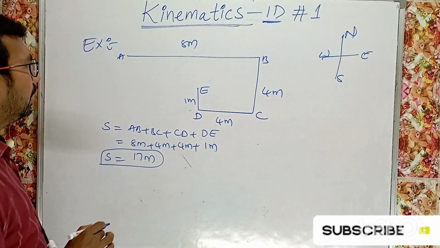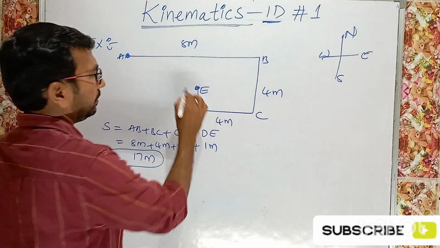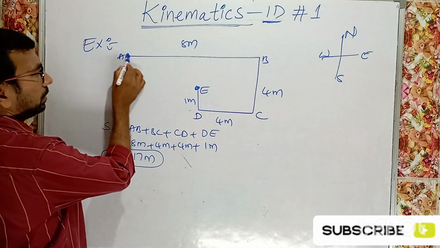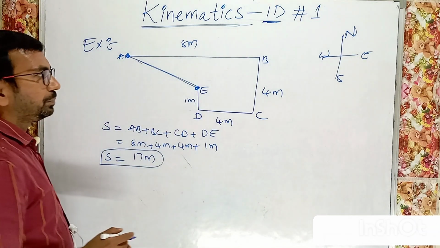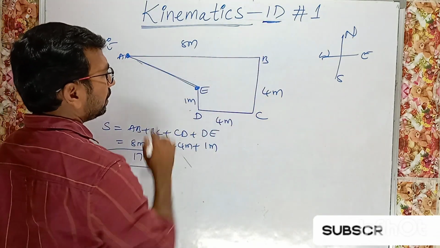What about displacement? This is the initial point, this one is the final point. So displacement means shortest path, A to E. So A to B is 8 meters and B to C is 4 meters.